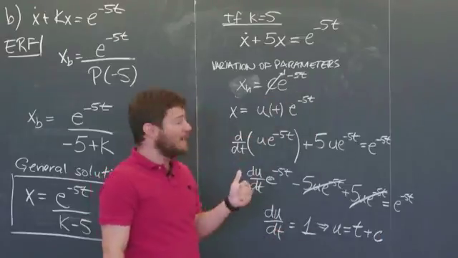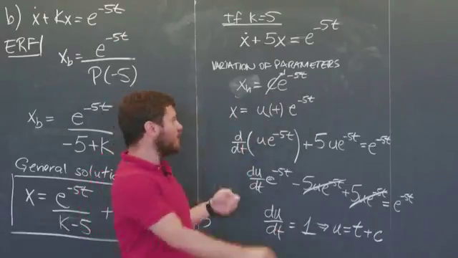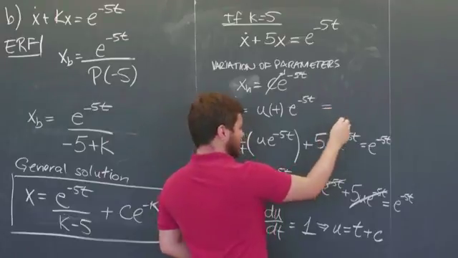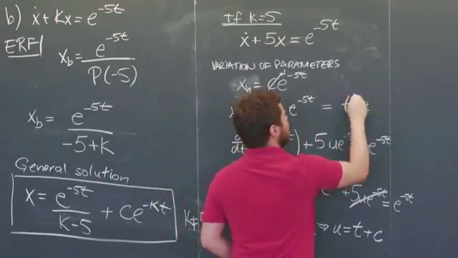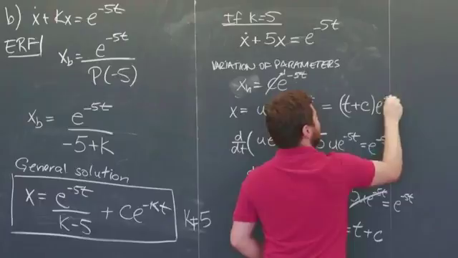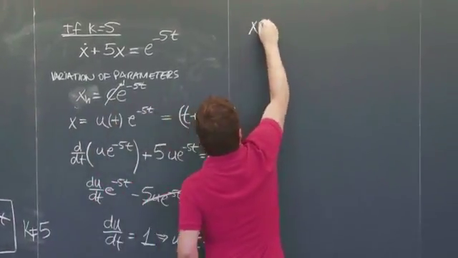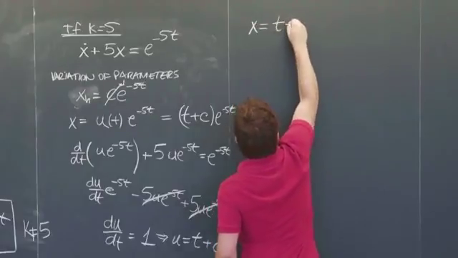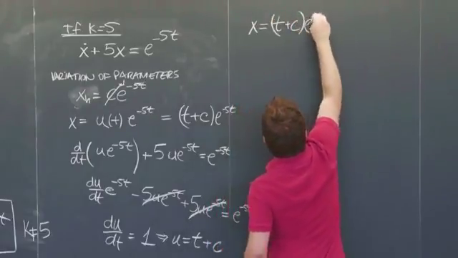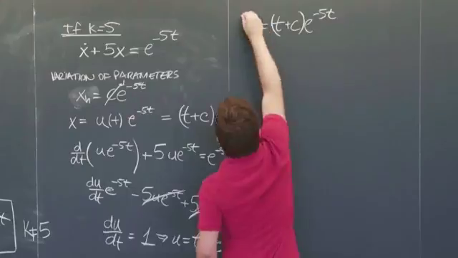Now we plug that back into our expression for x. So x is equal to t plus c times e to the minus 5t. Let's just rewrite this here. x is equal to t plus c, times e to the minus 5t.